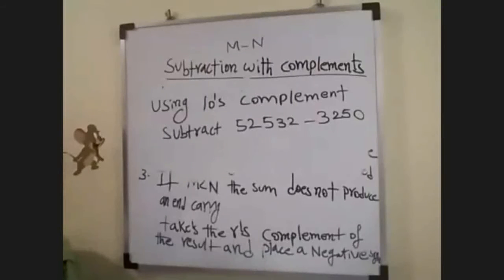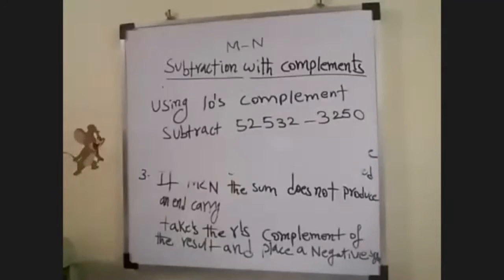Then what is the value? 49282, right? 52532 minus 3250, the value is 49282.